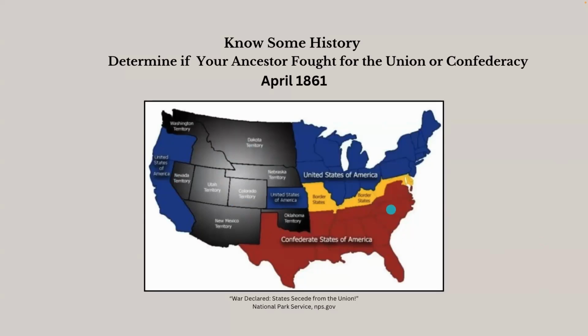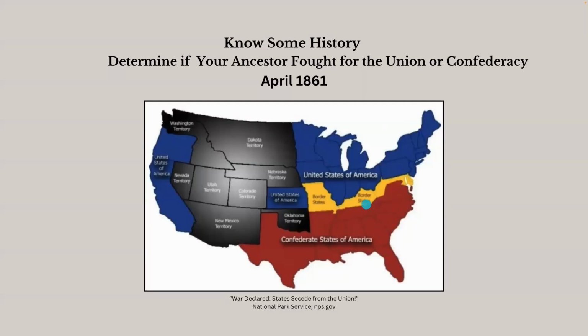But there were about 100,000 Southern Unionists who served in the Union Army during the Civil War that lived in the South. In fact, every single Southern state except for South Carolina, right here where the war started, raised official Union troops.